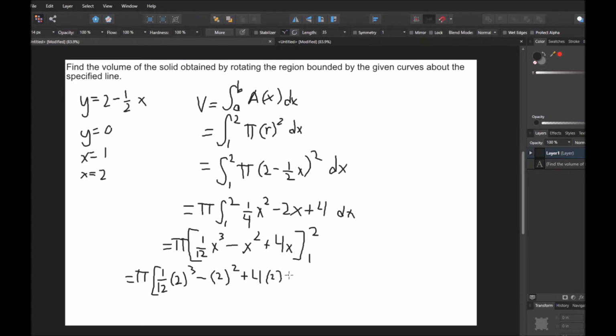And then I'm going to subtract that by 1/12, and then 1 cubed is just 1, 1 squared is just 1, and 4 times 1 is just 4. So it's going to be 1/12 minus 1 plus 4, like that.